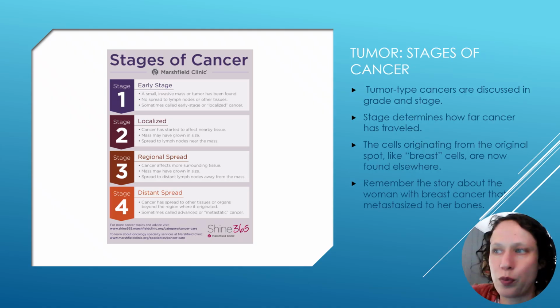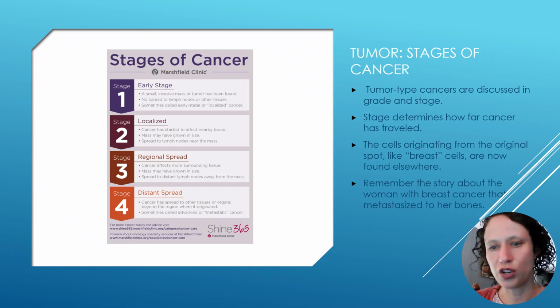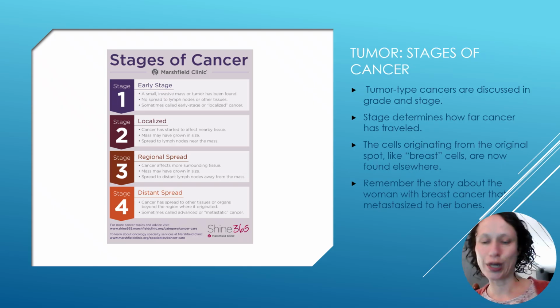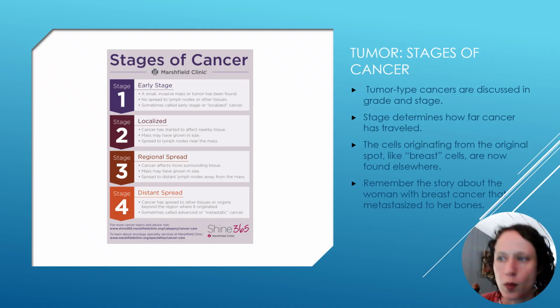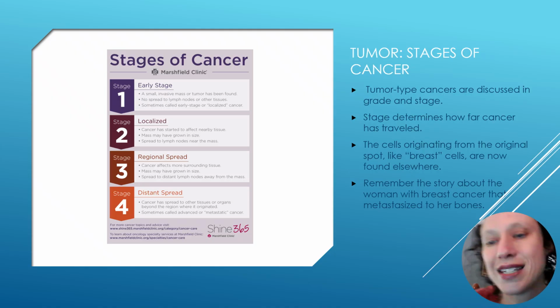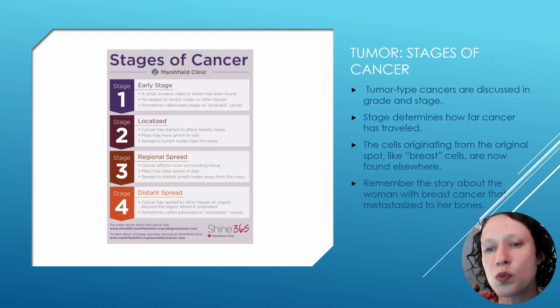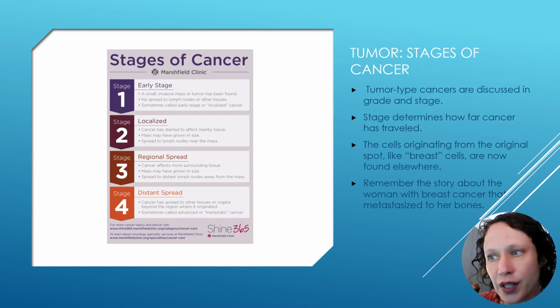Stage 3 is where it has gone further away, okay? So it's more than just the surrounding tissue. It's more than just maybe the organ next door. It's actually spread to maybe a distant lymph node away from where the originating mass was. And then stage 4 is where we have distant spread. This is what we call metastatic cancer.